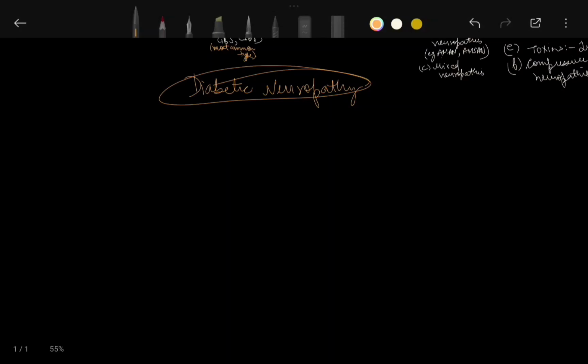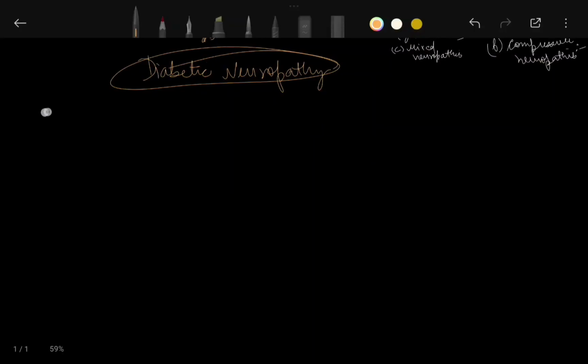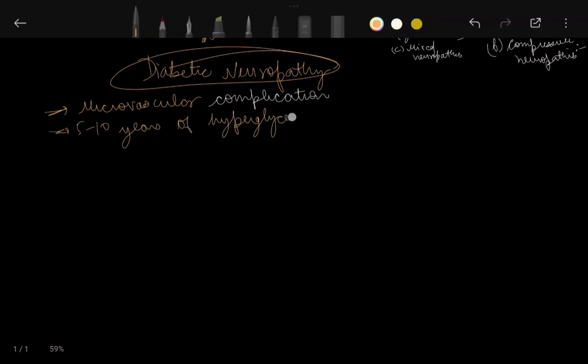Now coming to the next topic, diabetic neuropathy. It is a microvascular complication, and there are 5 to 10 years of hyperglycemia for this microvascular complication to happen. There is an increased risk of amputation.